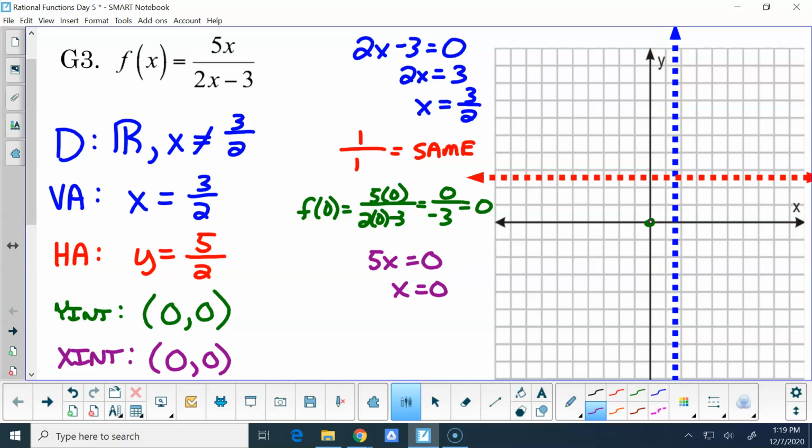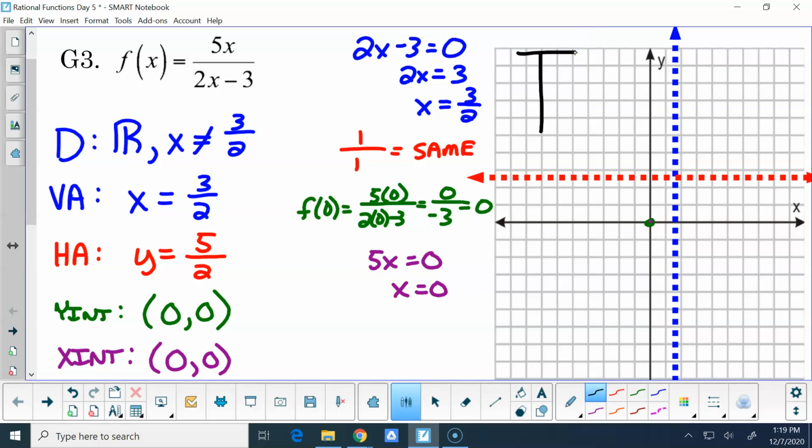Step number 6, we don't have yet. Step number 7. What's step number 7? At least 2 points in each zone. So find some points in the zones.